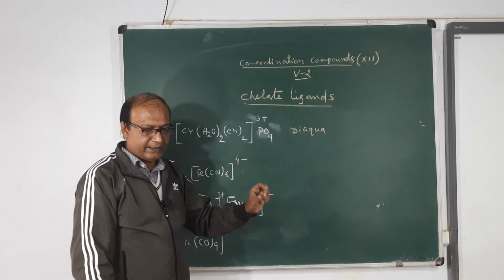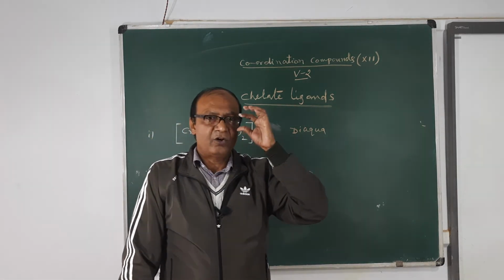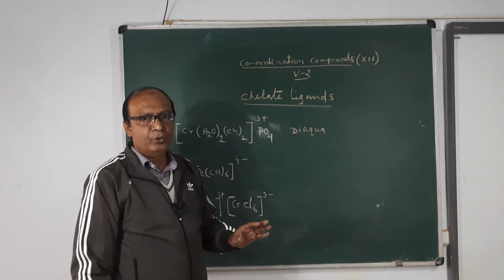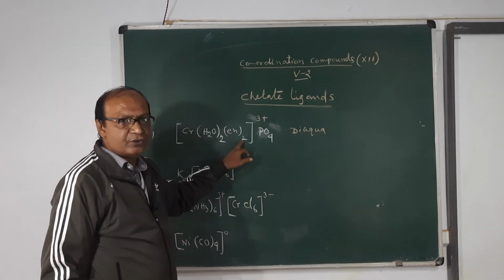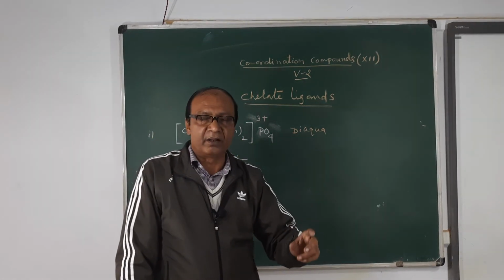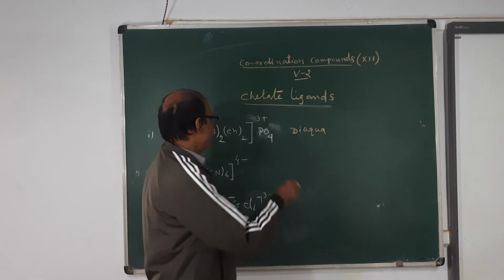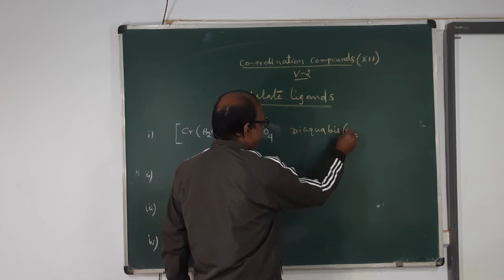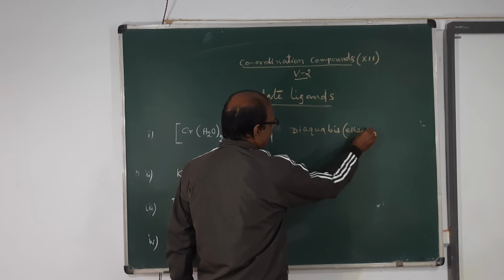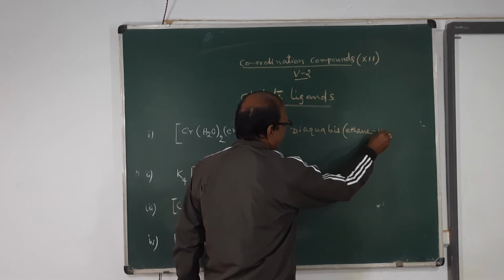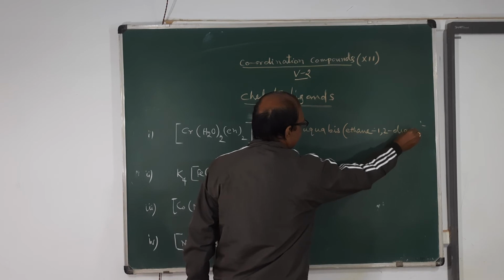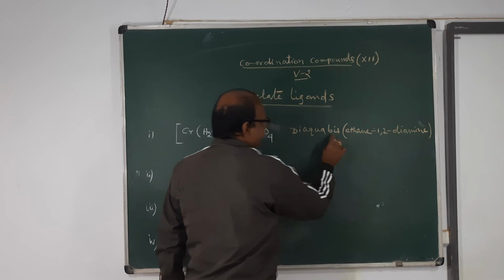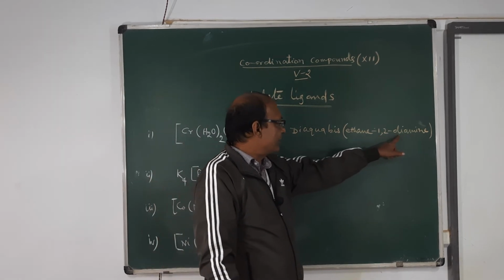If any ligand carries a number inside it, or di or tri itself in its name, and it occurs twice, you cannot use di further, you have to use bis. So bis(ethane-1,2-diamine). Be clear: you have to write bis here because inside the name there is already di.